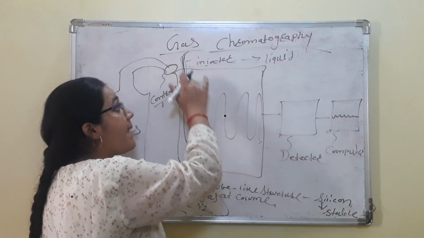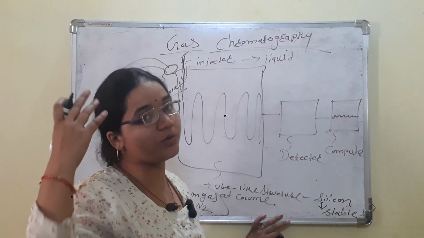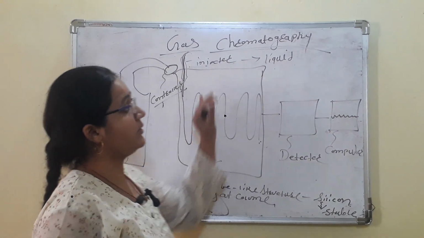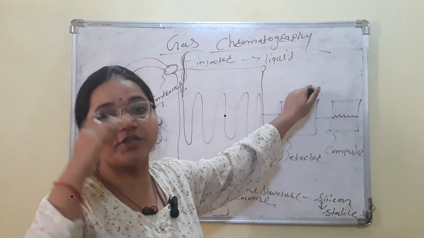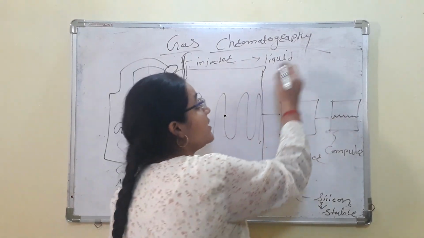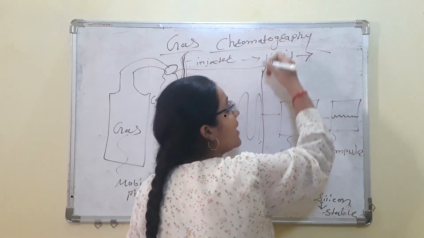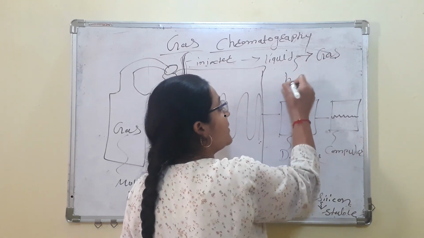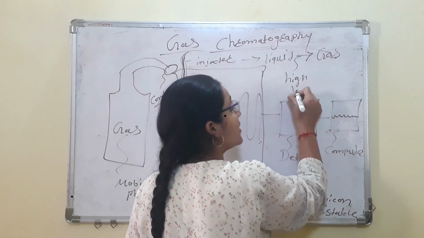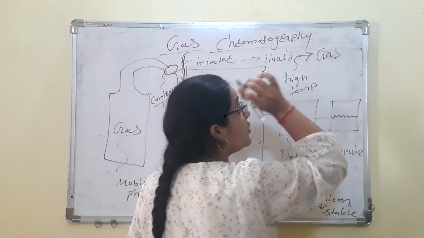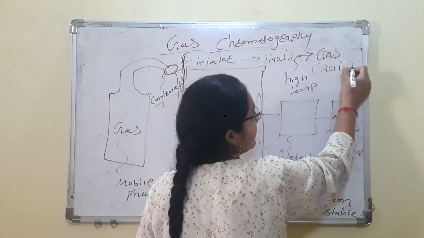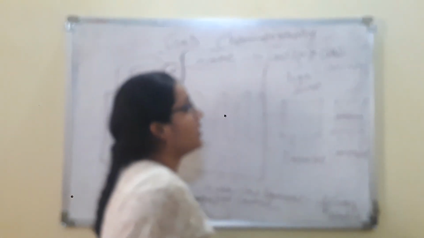But it is very important that, at that time, the sample does not change its activity. That means the liquid sample is converted into the gas form in the region of high temperature, without changing its activity. The gas already moves with the help of the controller.